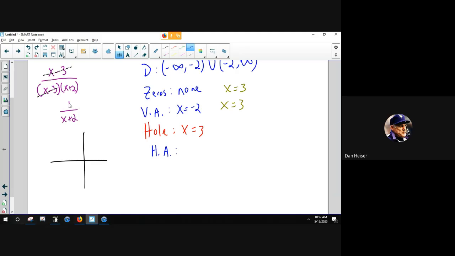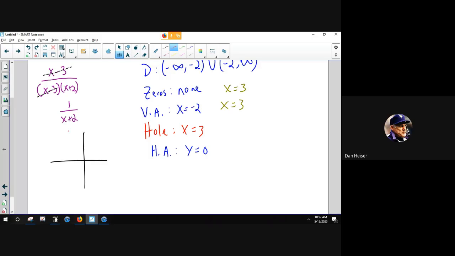The degree of the numerator is 0. The degree of the denominator is 1. So at y equals 0, we have a horizontal asymptote. Back to the graph, we know that 1 over x goes like this and like this. This shifts everything over 2 units to the left. So our graph kind of sort of looks like this.